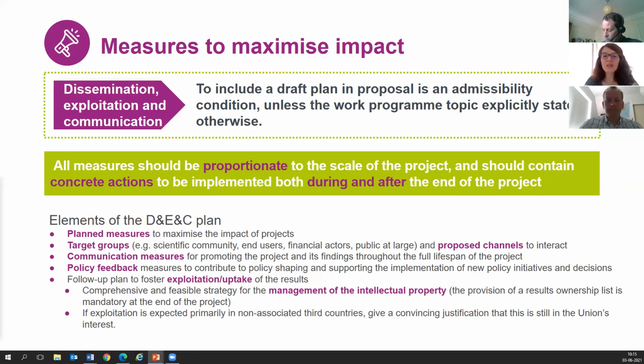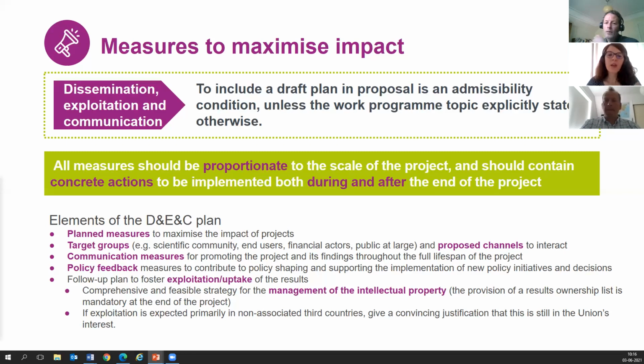We are also interested in the communication measures you will put in place for promoting your project and its findings during the life of your project. And I already talked about the policy measures, but if it is relevant for your project, any kind of policy feedback measures that could contribute to policy shaping and supporting the implementation of new policy are also something that you should mention in your dissemination, exploitation, and communication plan.